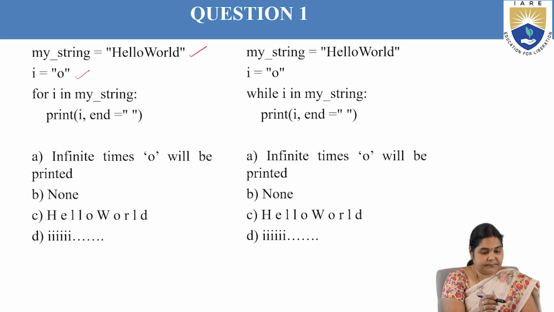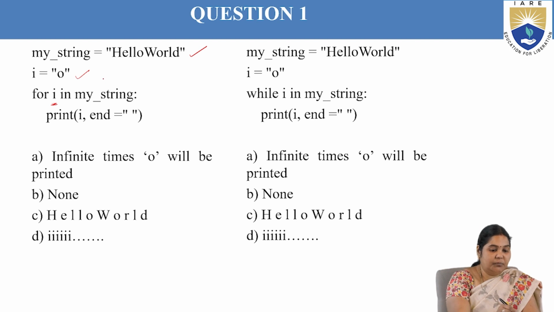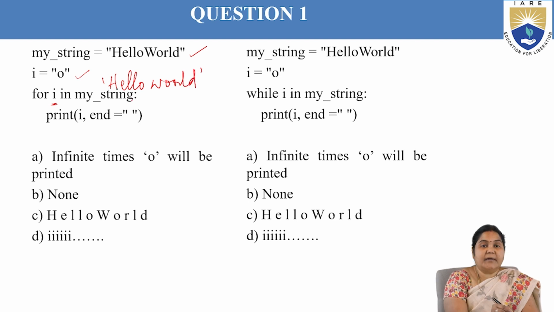Whenever you are iterating the variable I in my string, it will iterate over its index. The string is hello world. First time I will take H, then I will be printed.